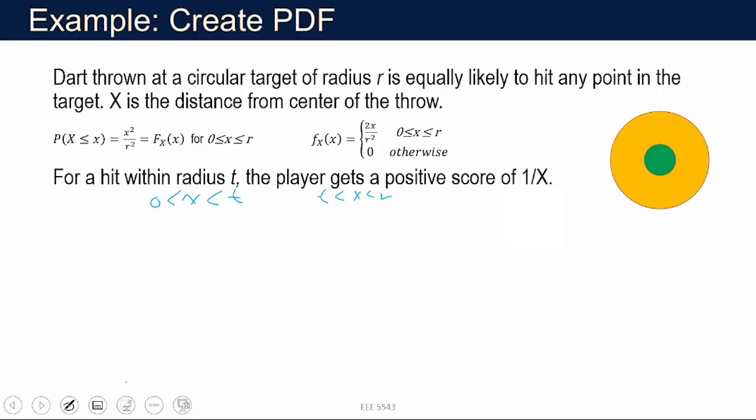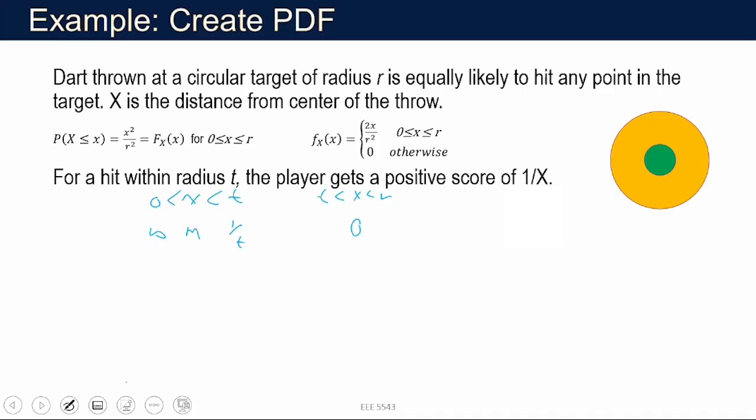So on the first interval, this is where we actually get some monetary compensation. And in that case, our compensation, interestingly enough, goes from infinity to 1 over t, because of 1 over x. On the second interval, it actually is 0, because we don't get any monetary compensation for that.